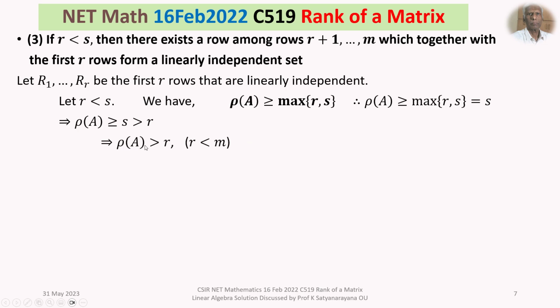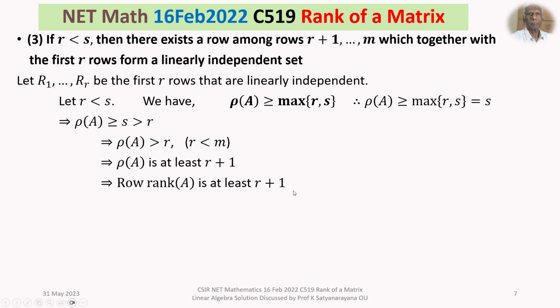That means the rank of A is greater than r, where r is strictly less than m. Therefore, the rank of A is at least r plus 1. So, the row rank of A is at least r plus 1.